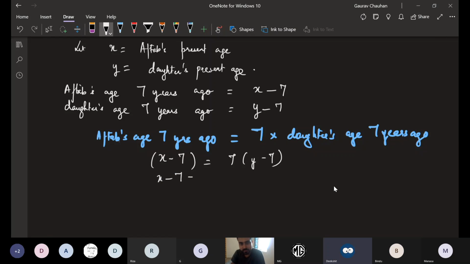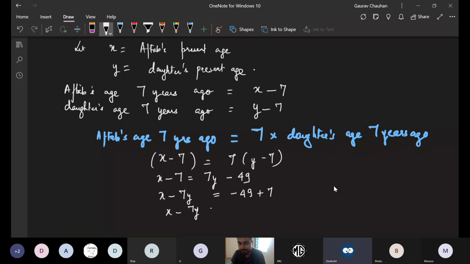So x minus 7 is equal to 7y minus 49. And x minus 7y is equal to minus 49 plus 7. Don't jump that step, Dikshit, okay?